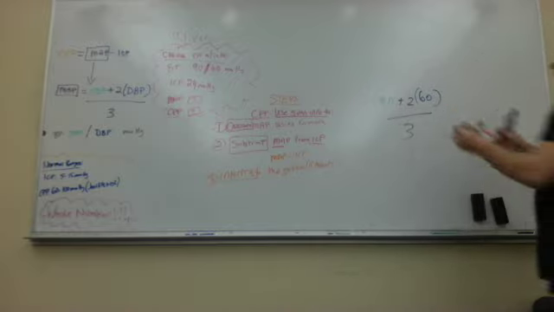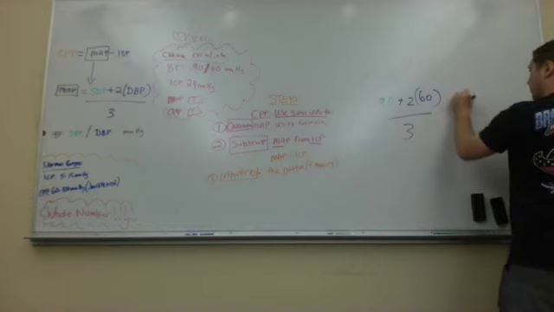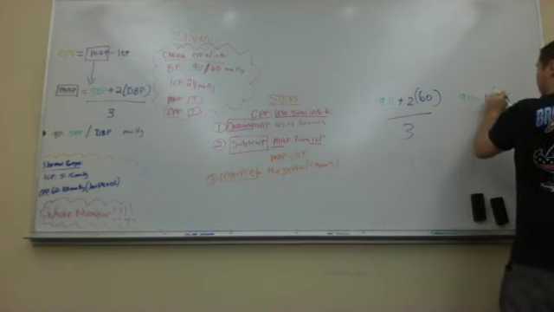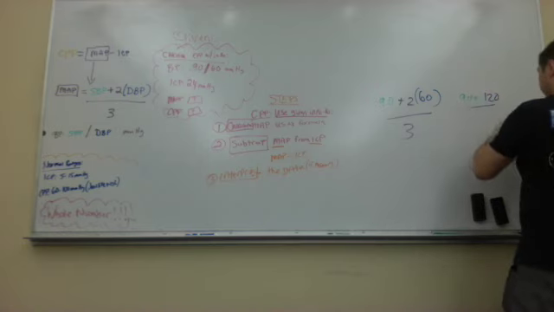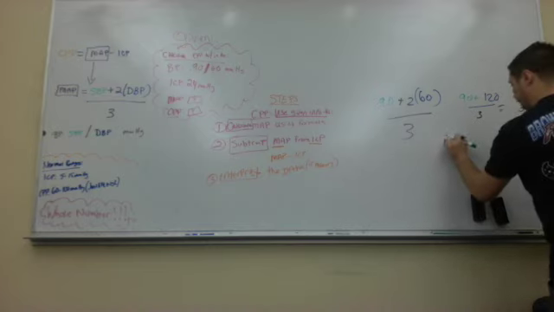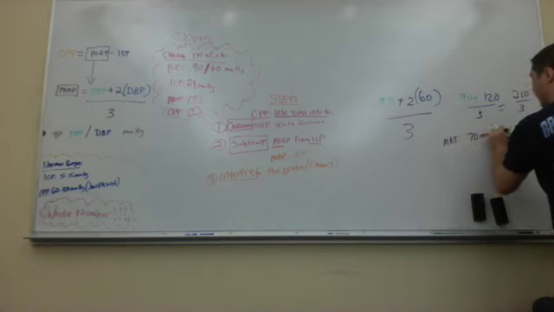So 2 times 60 is 120 plus 90. So we have our 90 plus 60 times 2 is 120. And then we're going to divide that over 3. And this simplifies to 210 over 3. And that becomes our mean arterial pressure is 70 millimeters of mercury.